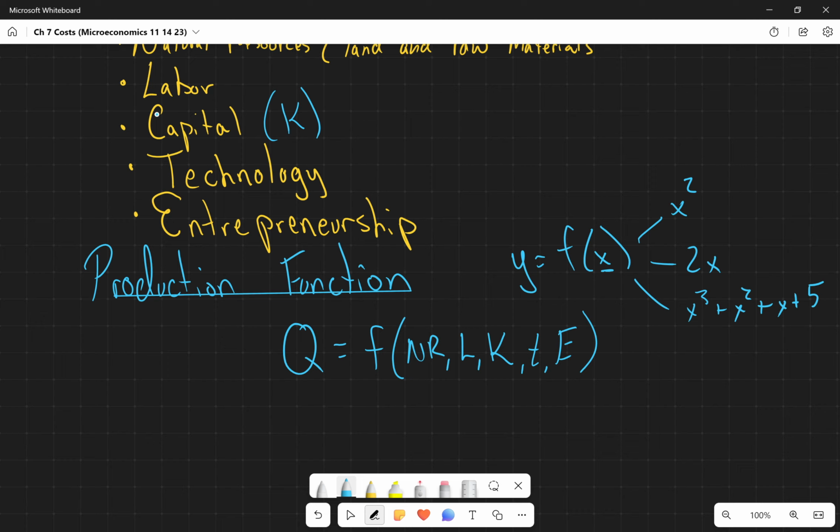It's easy for us to measure labor and capital. Difficult for us to measure the technology in the same kind of apples to apples way. Difficult to measure entrepreneurship. It's a very amorphous, vague kind of thing. And difficult to measure natural resources.